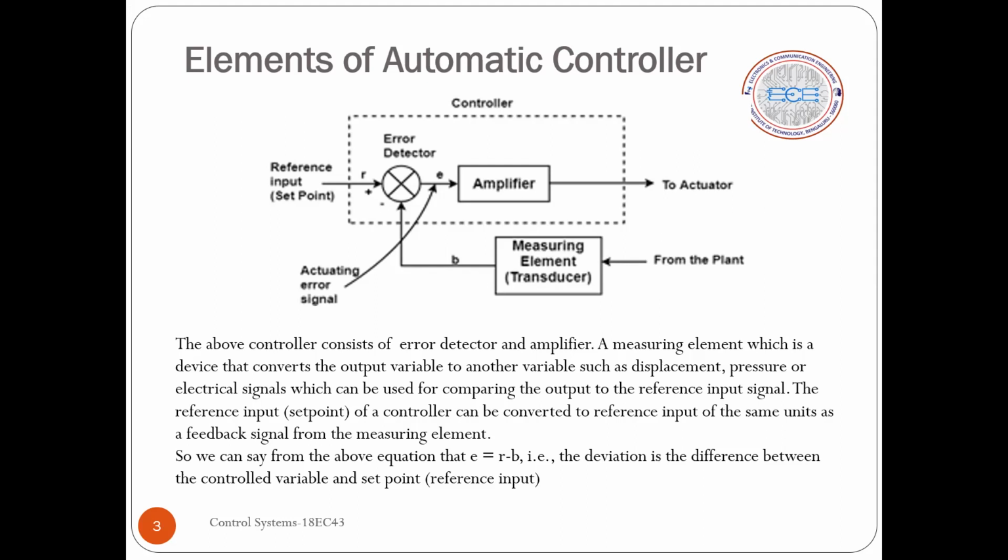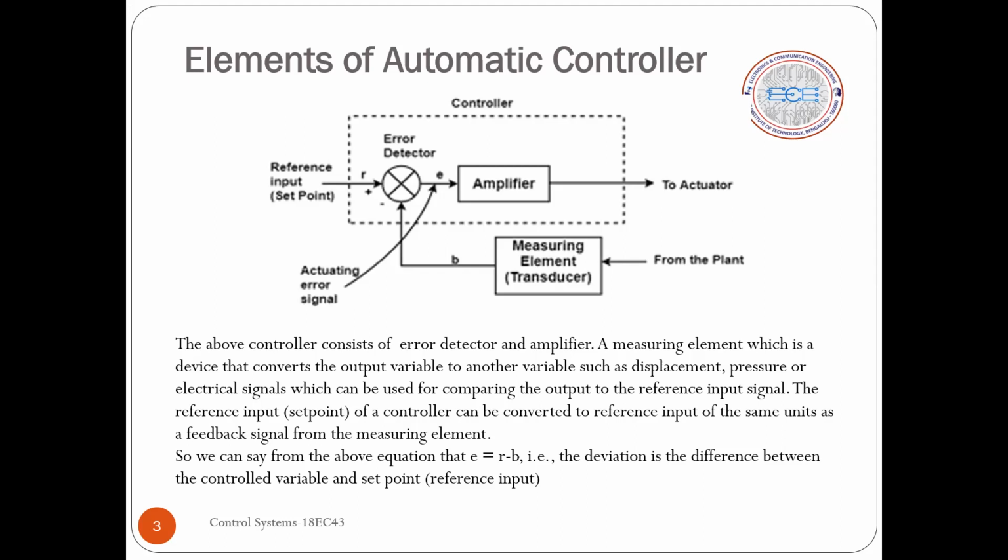Along with that, we sometimes have an amplifier, because error signals can be very weak. If the electrical signal is weak, we use an amplifier. In a few cases, transducers are required in the feedback path. While feeding the output back to the error detector, the physical system will not always give an electrical signal as output. It will be some physical quantity.